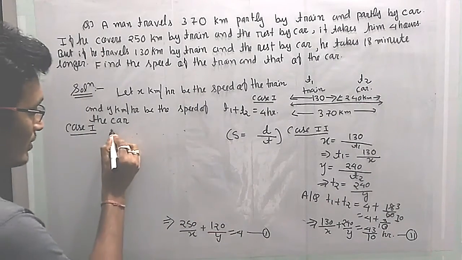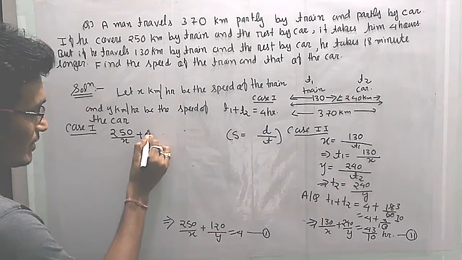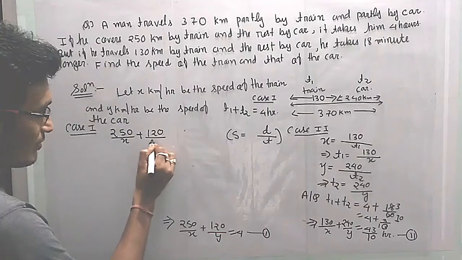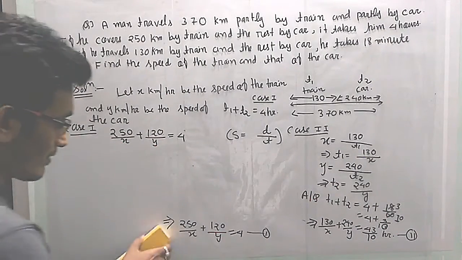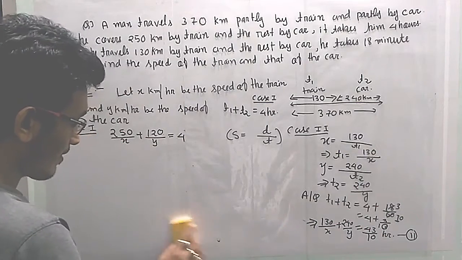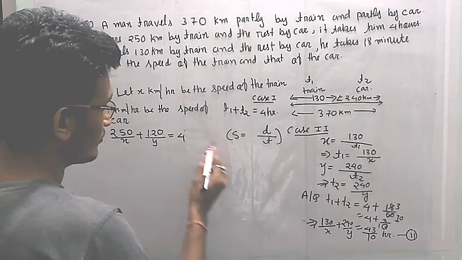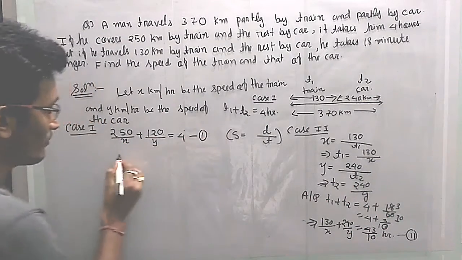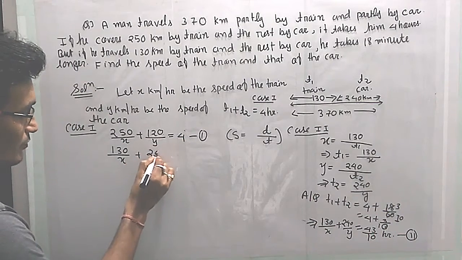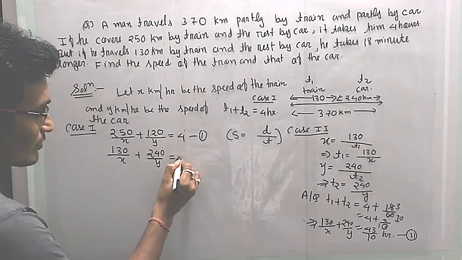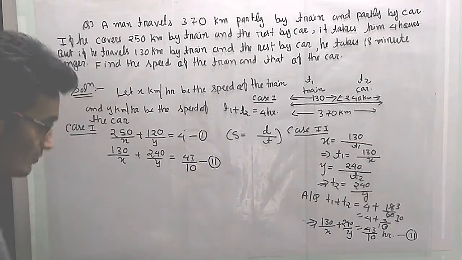Equation 1 is 250 by x plus 120 by y equals 4. This is equation 1. And what should be equation 2? Equation 2 is 130 by x plus 240 by y equals 43 by 10. This is equation 2.